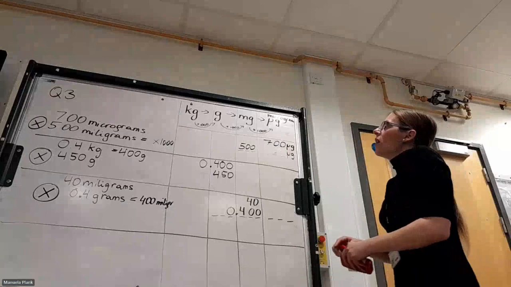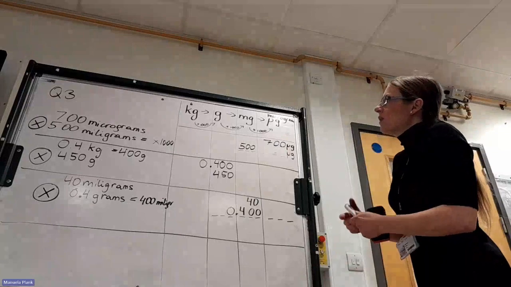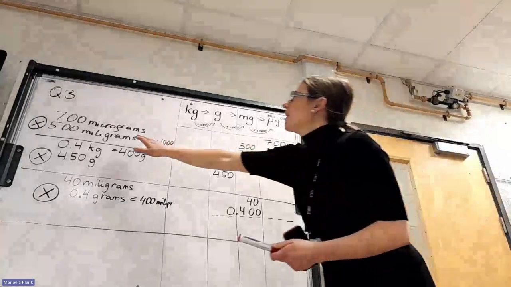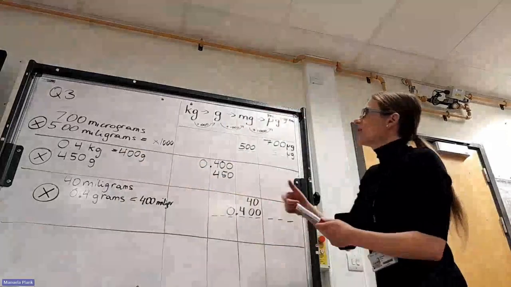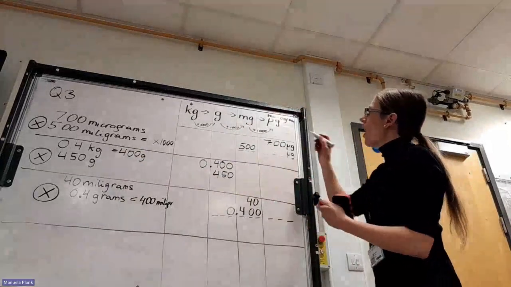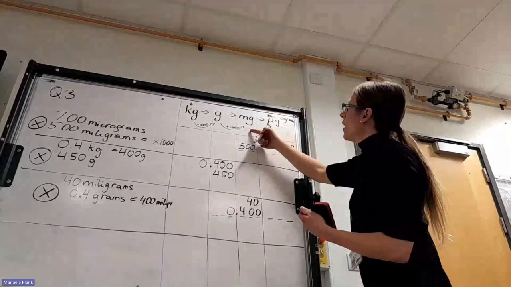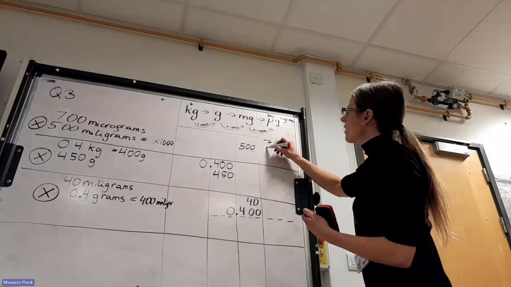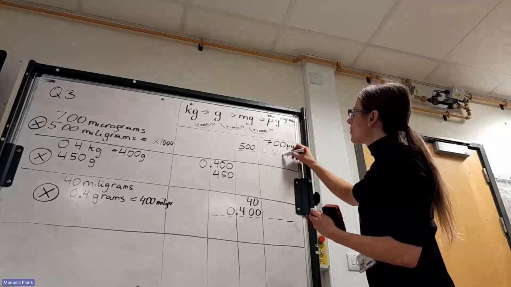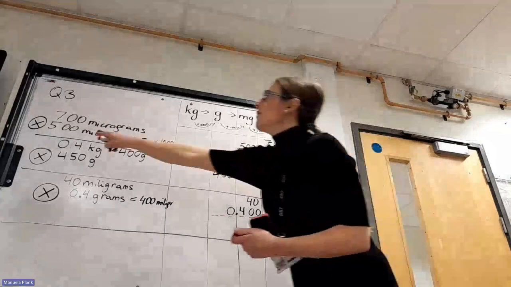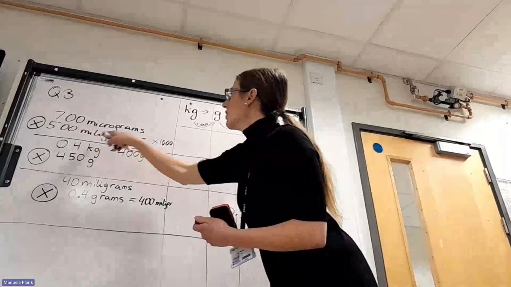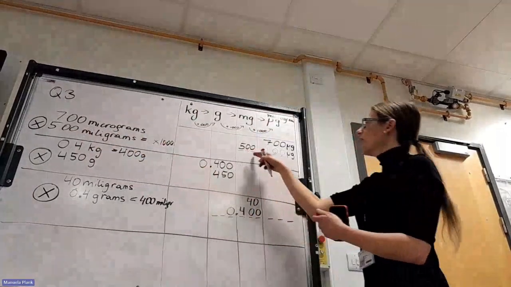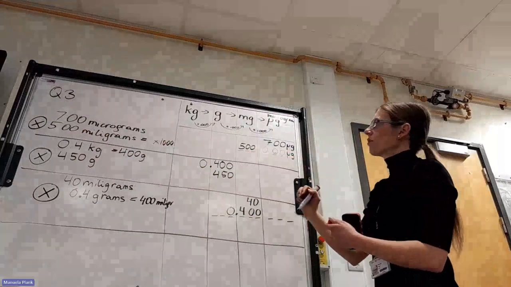We don't know. In order to compare it, we need to change the milligrams into micrograms. How do you do that? Times 1,000. Times 1,000 is adding 3 zeros. So 500 times 1,000 is 500,000 micrograms.